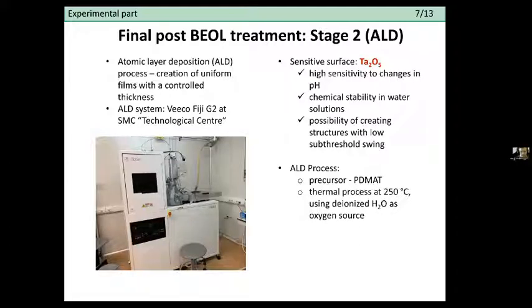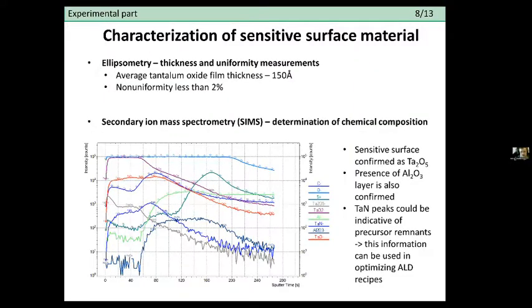So ALD deposition was done on an FGG2 unit using a pentakis(dimethylamino) tantalum precursor using a thermal process at 250 degrees Celsius and H2O as the oxygen source. This film was later characterized using ellipsometry and secondary ion mass spectrometry.